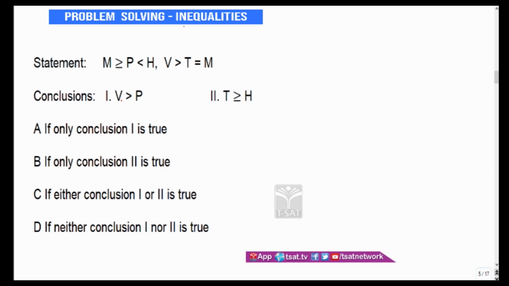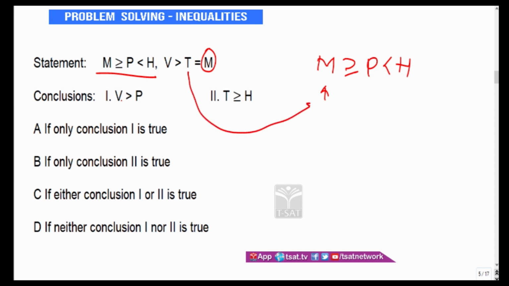See here, directly I am writing statement 1: M greater than or equal to P, less than H. See here, where is M? M is here, so you have to start from here. You write this particular statement from here onwards. Now what does the other statement say?